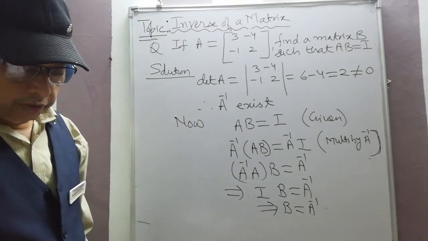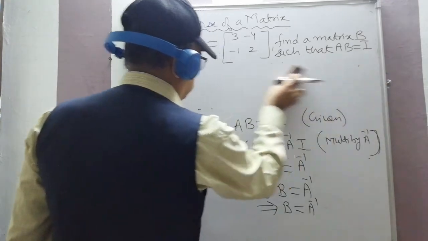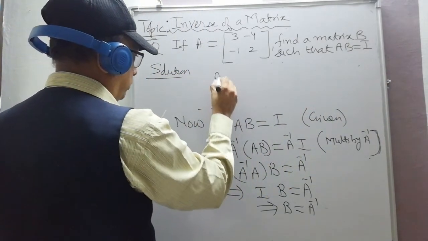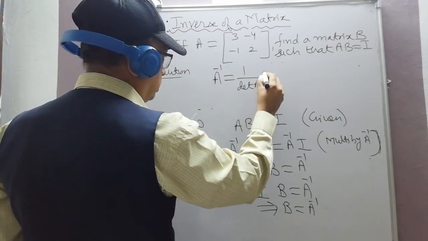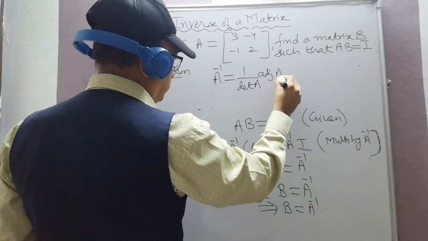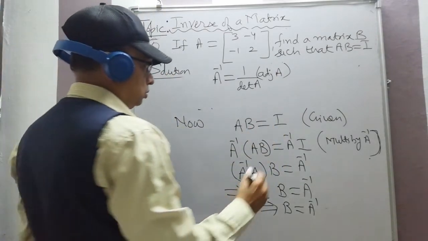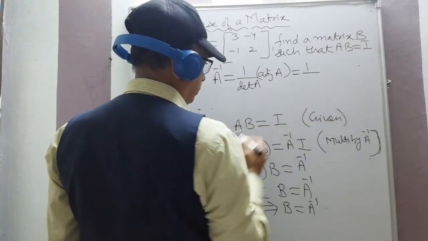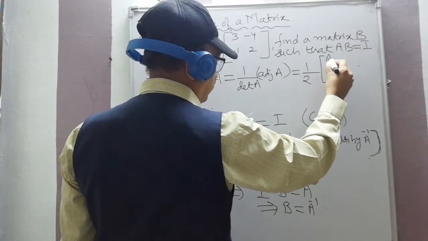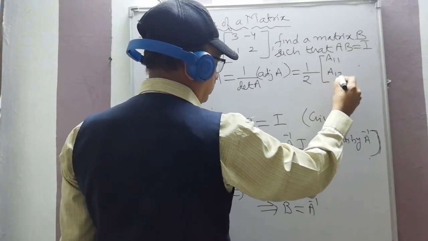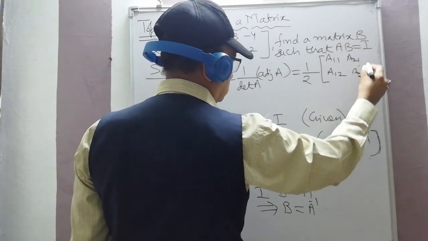In order to find A inverse, write it. A inverse is equal to, by formula, 1 upon determinant A into adjoint of A, or 1 upon determinant A, which we found to be 2, and adjoint of A, directly I am writing A11, A12, A21, A22.